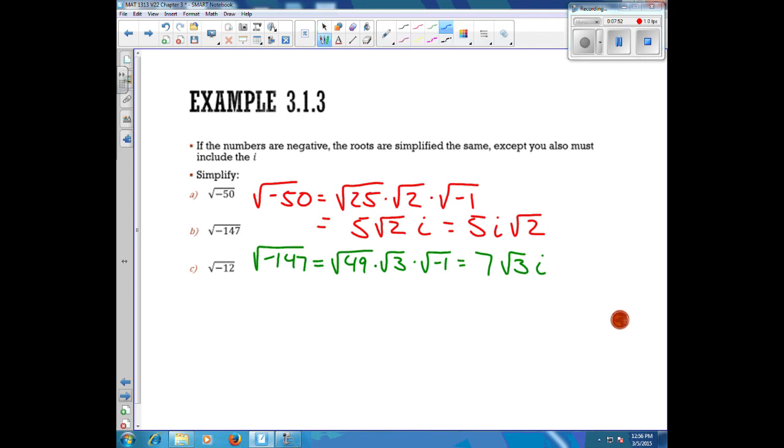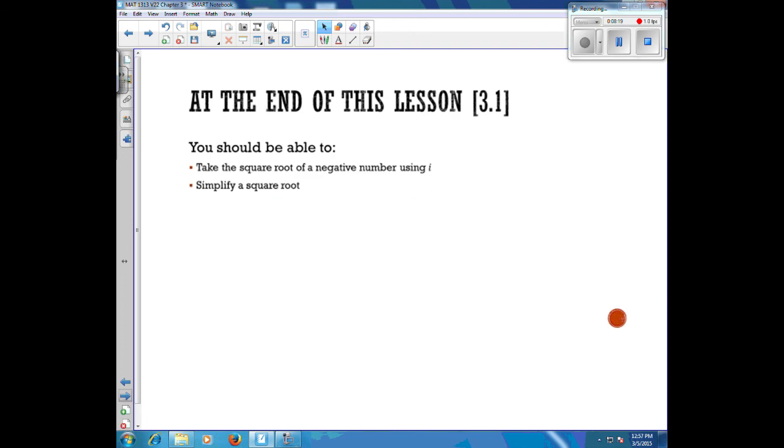And finally, the square root of negative 12, the square root of 4 times the square root of 3 times the square root of negative 1. Square root of 4 is 2, so we get 2 times the square root of 3 times i. So once again, i is never under the square root. So at the end of this lesson, you should be able to take the square root of a negative number using that i, and you should be able to simplify square roots.